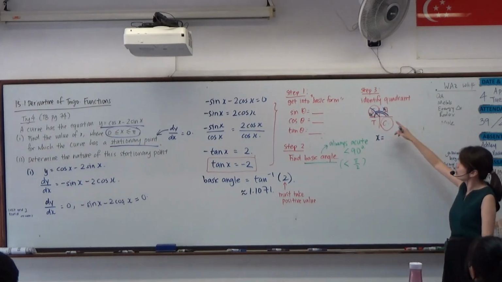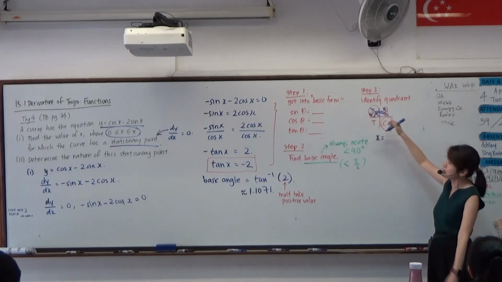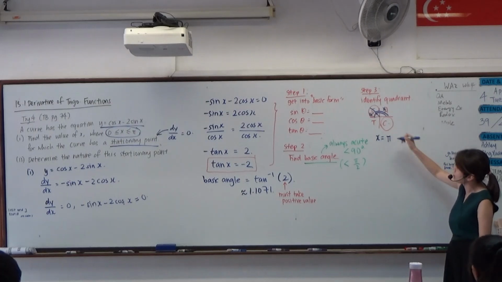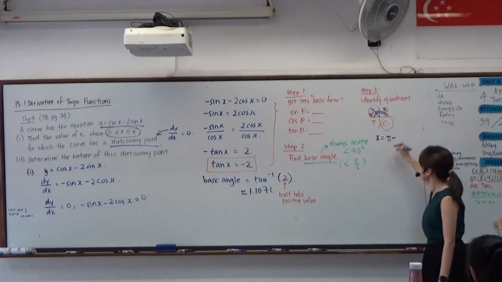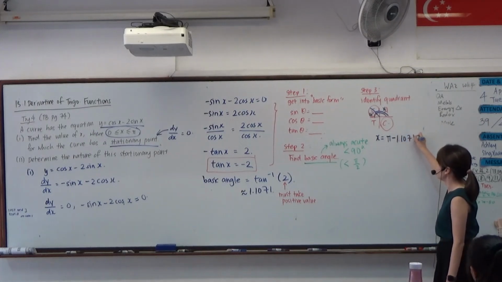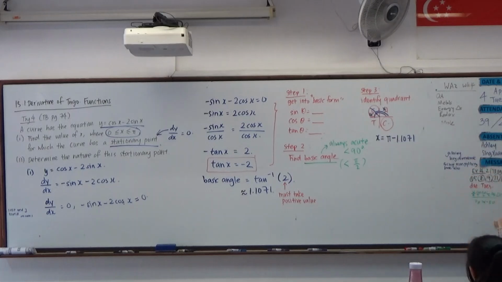So we will always take 180 degrees minus the basic angle, and then I will get x. But in this case we're dealing with radians, so 180 degrees refers to pi, minus the basic angle 1.1071. This will get us the second quadrant angle.